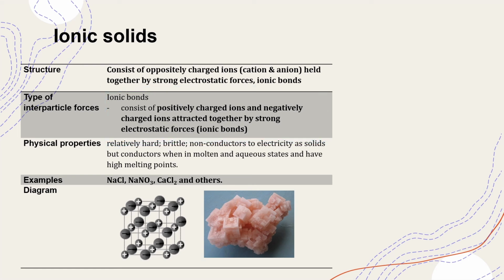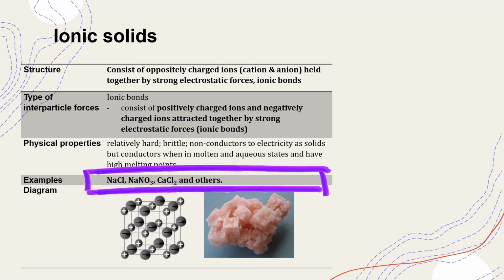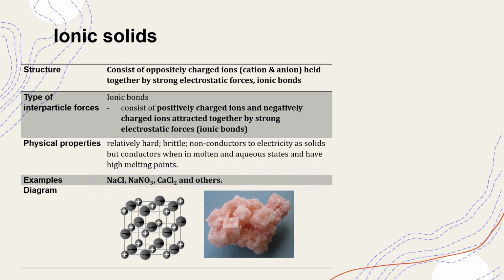The physical properties of ionic solid include being relatively hard but brittle, and ionic solids are non-conductors in solid state, but they are conductors in the molten and aqueous state. Generally, ionic solids have relatively high melting points. Examples of ionic solids include sodium chloride, sodium nitrate, calcium chloride, and others.